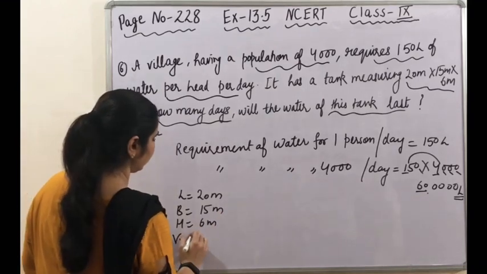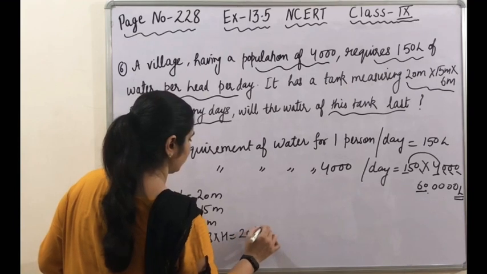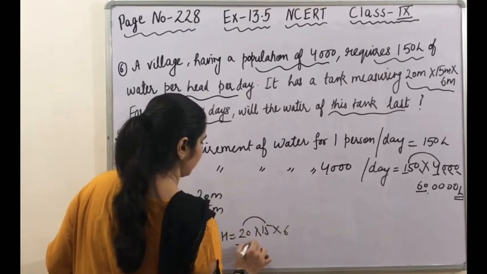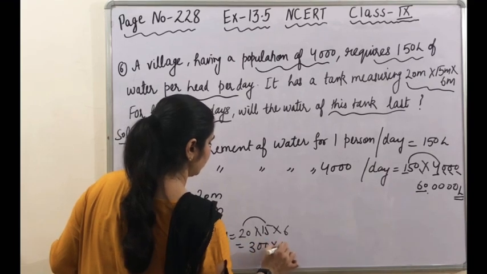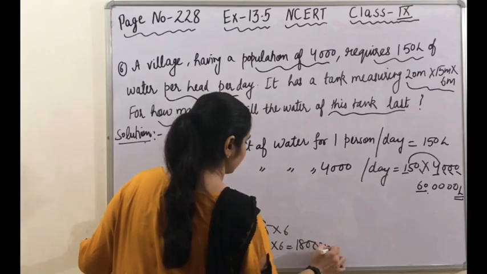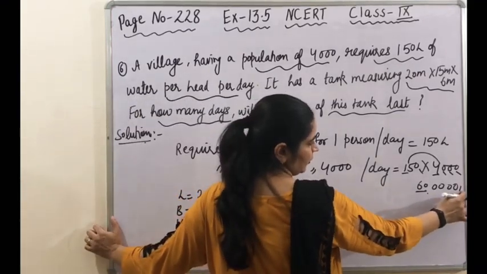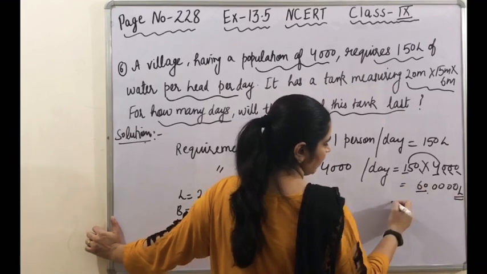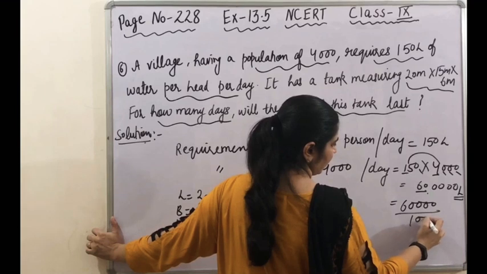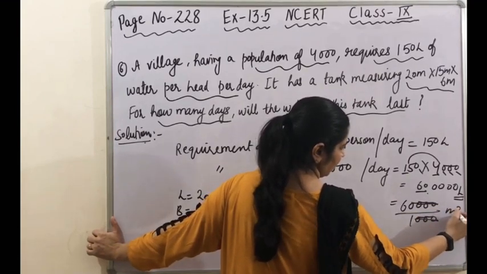We'll find out the volume, L into B into H, 20 into 15 into 6. 20 into 15 is 300, into 6, 1800 meter cube. This is in meter cube and this one is in liter. So this one also will convert into meter cube by dividing by 1000, which is equal to 60 meter cube.